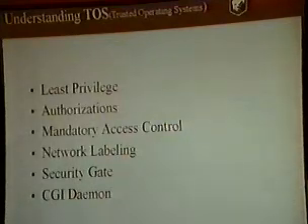Authorizations, mandatory access control, and then the idea of actually applying security checks to network data at the network level. And then I'll also talk about two application level programs, a security gate and a CGI daemon, which come out as extensions of what we can do with trusted operating systems. They'll make sense when I get through this to talk about that.